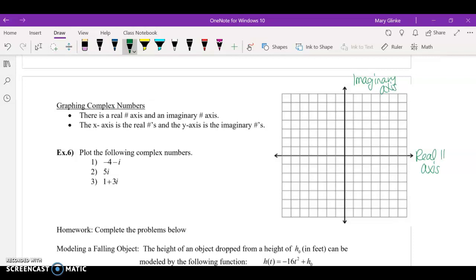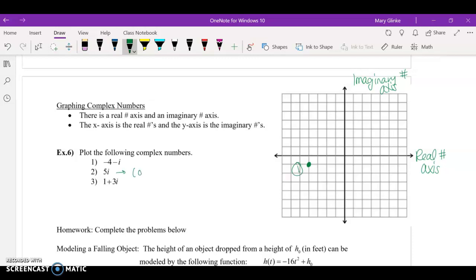The real numbers go with the real axis, the imaginary numbers go with the imaginary axis. Looking at this, to graph -4 minus i, you're going to treat it as a coordinate point (-4, -1). The real number is -4, the imaginary part is -1, so you're going to go left 4 and down 1, and this is the answer to where number 1 would be located.